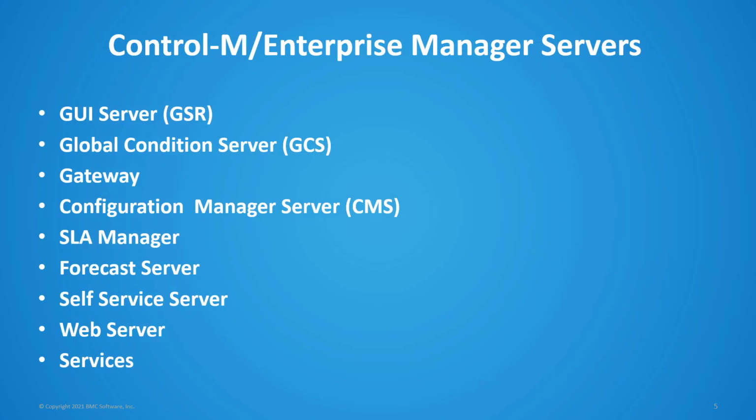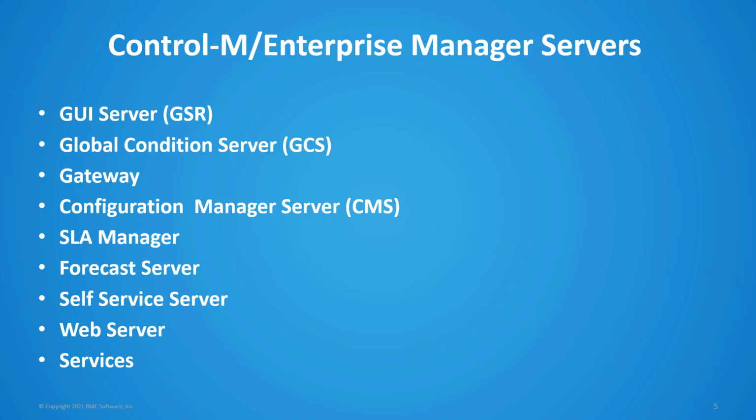The GUI server handles communication between the EM client and Control-M server. GCS identifies and distributes global conditions used to create job dependencies. The gateway handles communication between the EM servers and the Control-M servers. CMS receives information from the configuration agents of the Control-M servers and handles requests from the CCM.